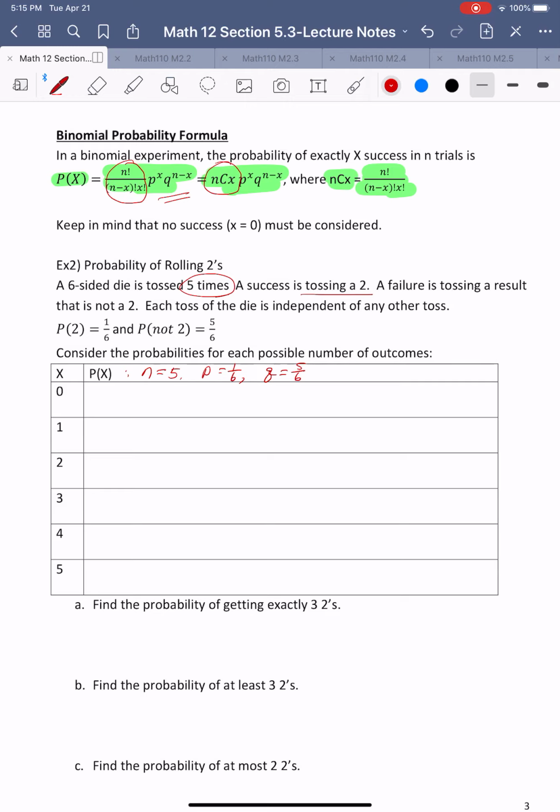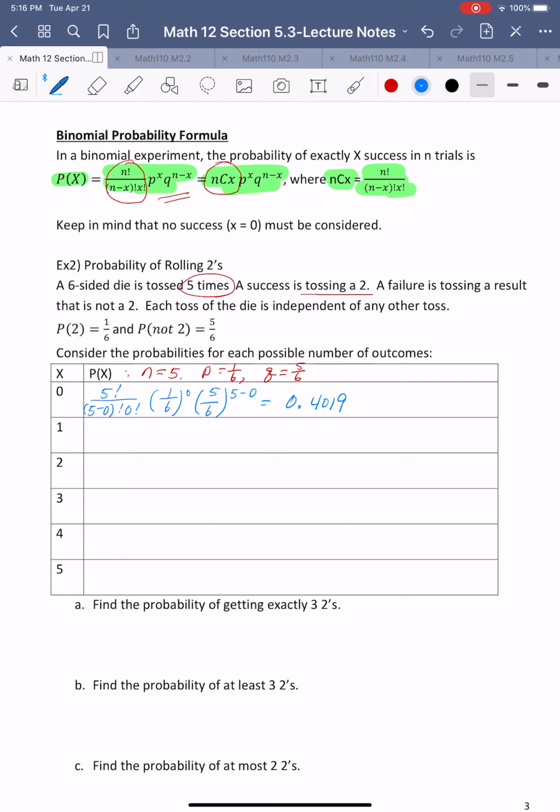Plug into n factorial over (n minus x) factorial x factorial: 5 factorial over (5 minus 0) factorial and 0 factorial, times (1/6) to the 0 power, times (5/6) to the 5 minus 0 power, which comes out to 0.4019.